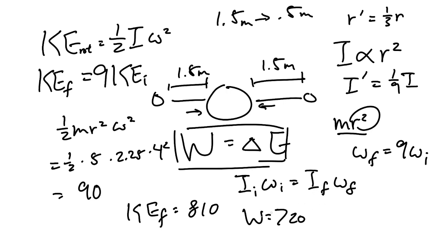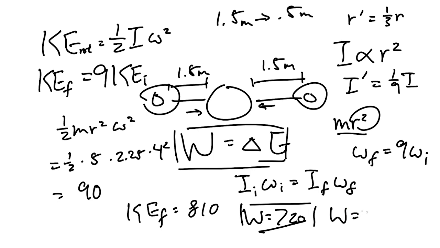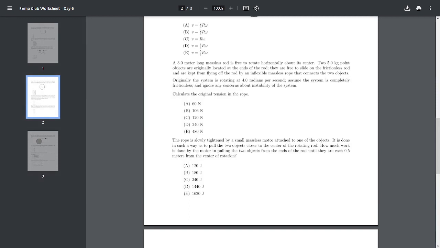So our work is 720 for one of these masses. However, we have 2. So now our final work is going to be 720 times 2, which is 1,440 joules, right? And if we look, oh no, this is cut off. But if we look back, we can see that that's going to give us option D of 1,440 joules.